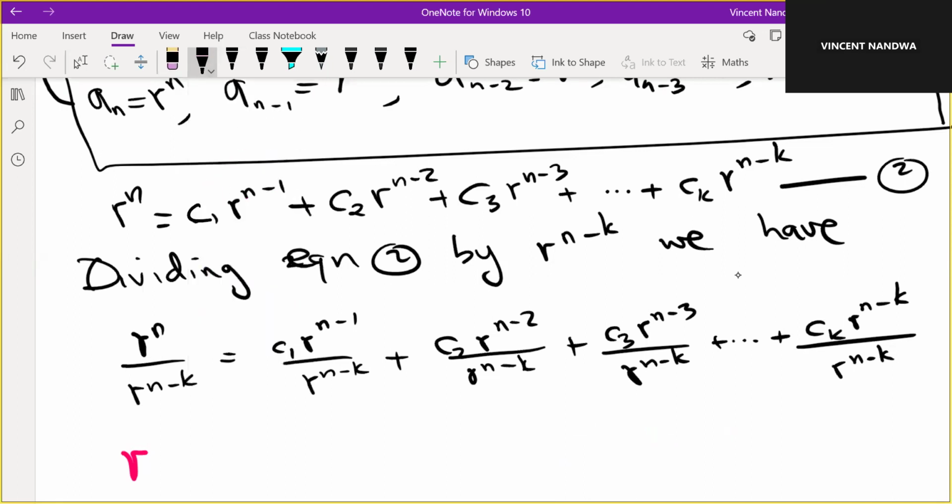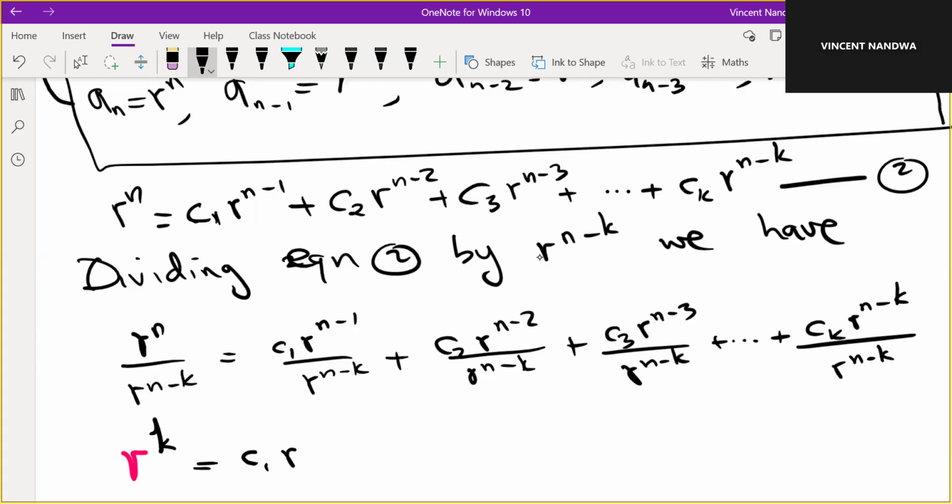Will be? R power k, correct. R power k. And then C1, what would be the new power of r in this other term? I hope everyone knows where the k is coming from. There's no miracle being performed. Good.